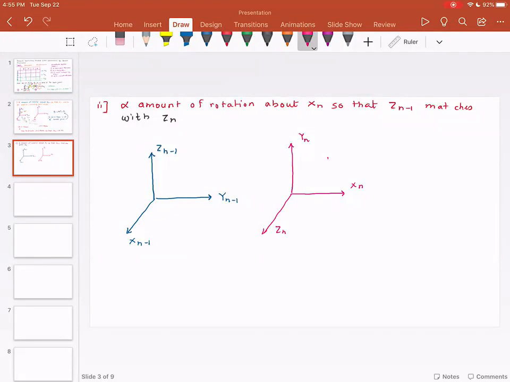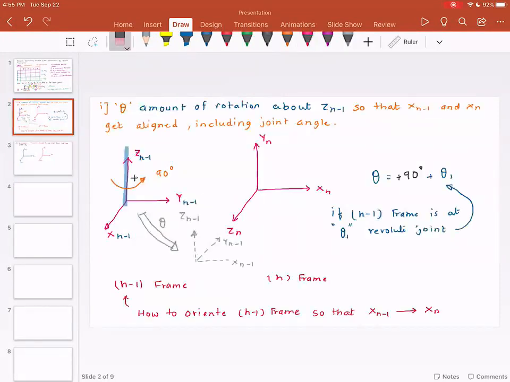Rule number 1 is theta. I should be very clear: I should be saying here theta n.